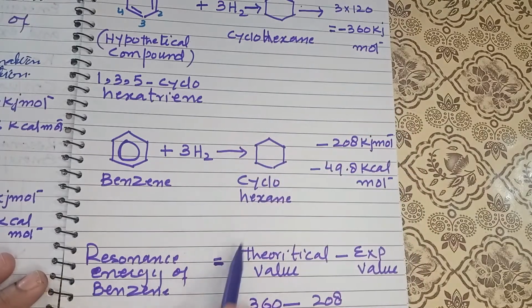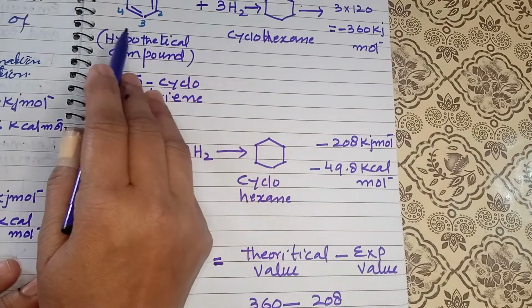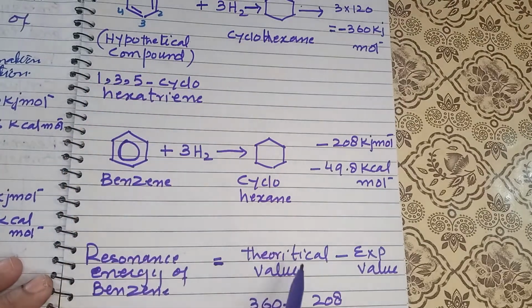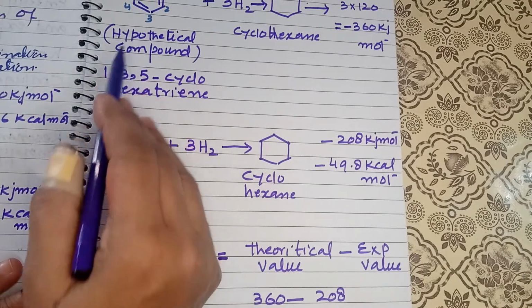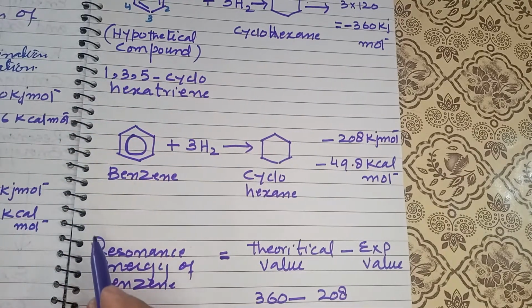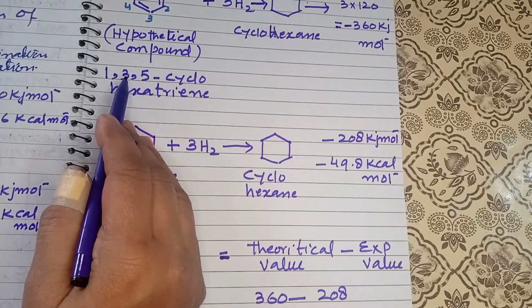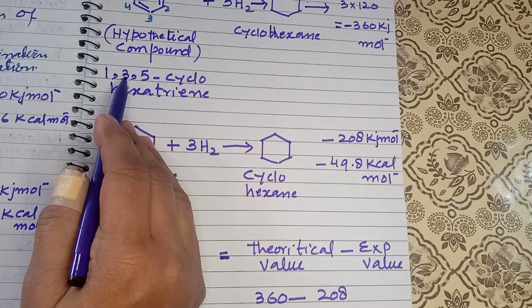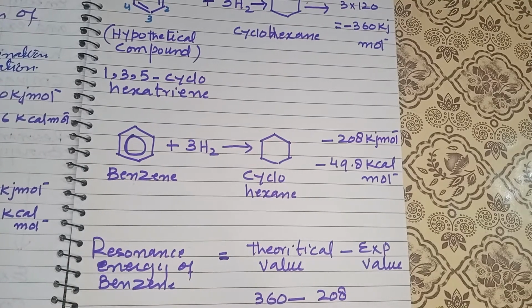It means that benzene has less energy as compared to cyclohexatriene. Lesser the energy, more will be the stability. That's why benzene is more stable as compared to the hypothetical compound. Right, students? Now we will see a diagram which will make the idea more clear for the resonance energy of benzene.